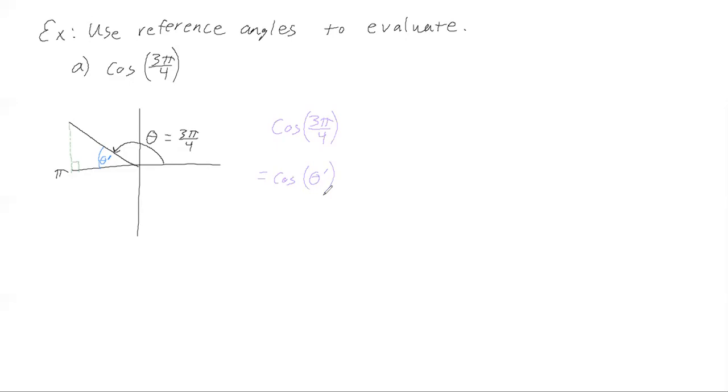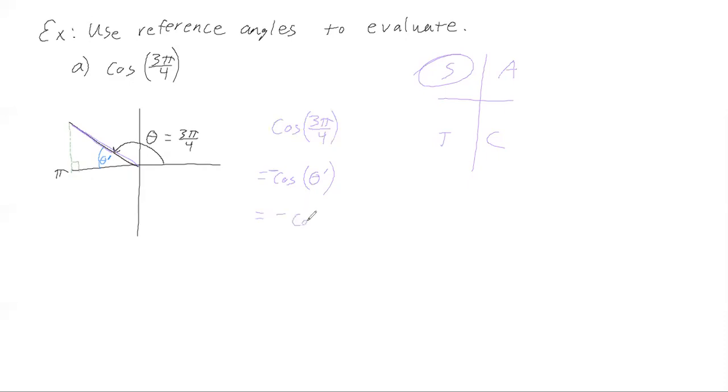Think about where we're at here. The terminal side here is in quadrant number 2. So the cosine, if I think about my signs, all students take calculus, so the cosine in this quadrant is what? Negative. So the cosine of 3 pi over 4 is equal to negative cosine of theta prime.